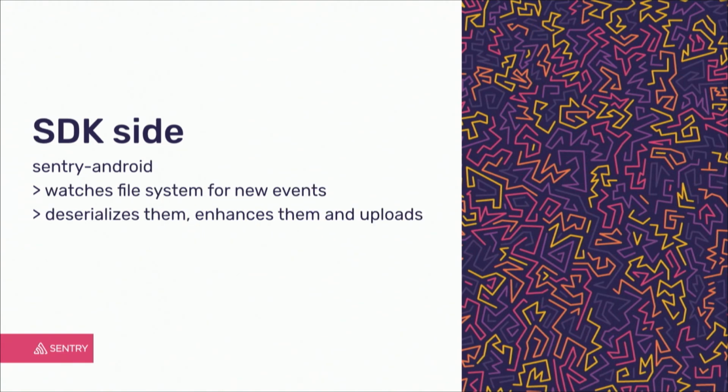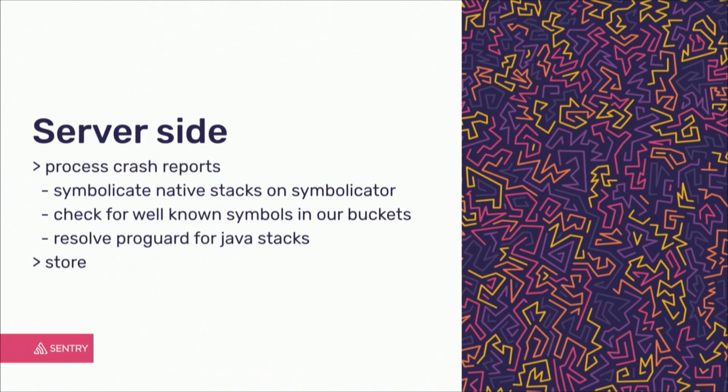So with the event on disk, either if the app restarts or if the app is still running before it crashes, the Java layer can detect that a file was written. It loads this file up. It can add more context, for example, things the user was doing right before the application crashed. And then it can open a connection to Sentry in the backend and send this event to Sentry.